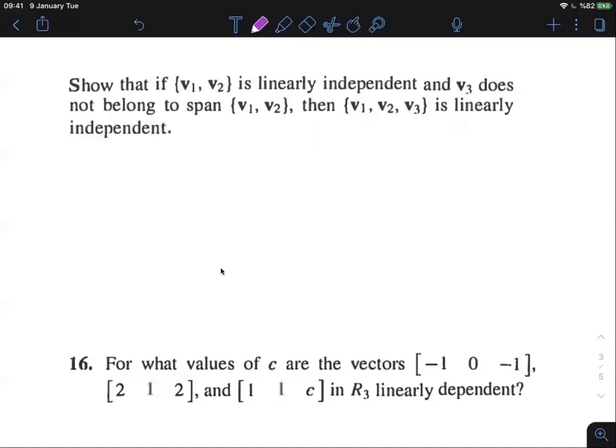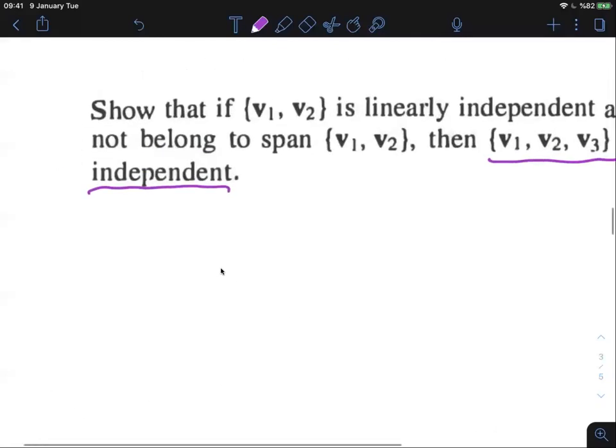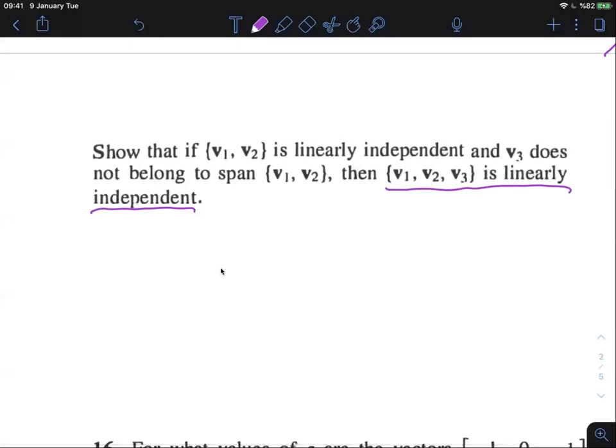Okay, so let's think about it. What are we trying to show? We are trying to show that these three vectors are linearly independent. What does it mean? It means if I write this linear combination, I want to check whether the only solution is C1 equals C2 equals C3 equals 0.